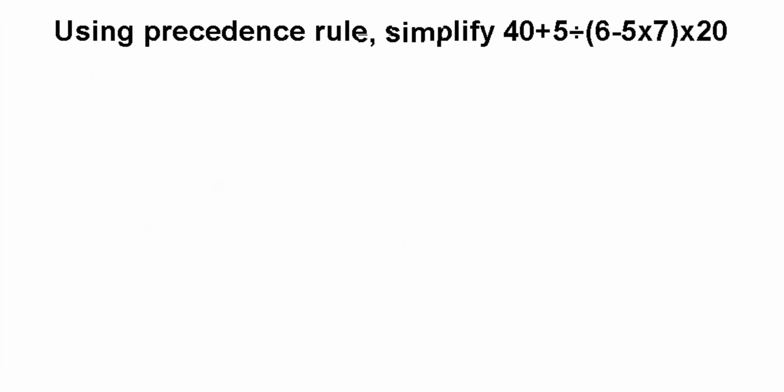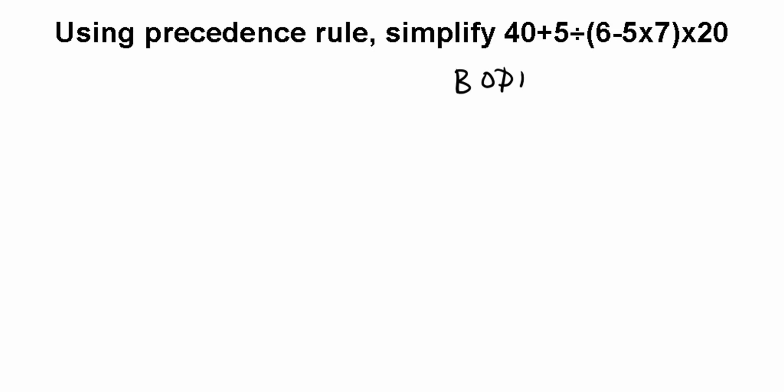Using precedence rule, simplify 40 plus 5 divided by bracket open 6 minus 5 multiplied by 7 brackets closes multiplied by 20. So also remember the rule, BODMAS. Now let's repeat the numbers.